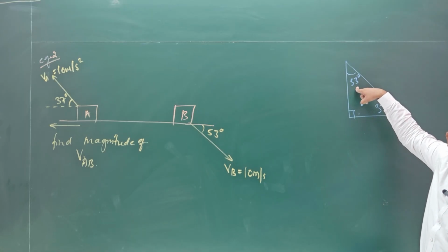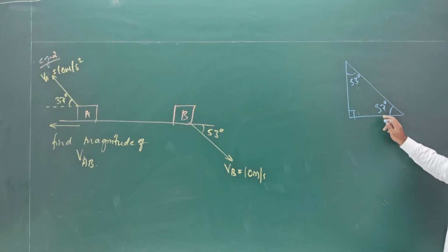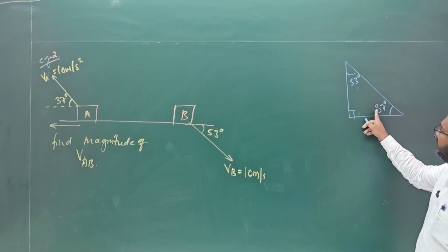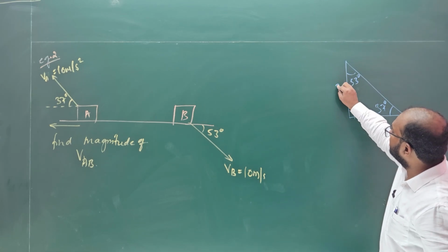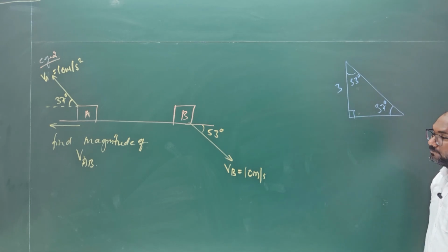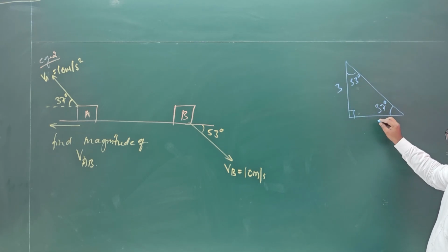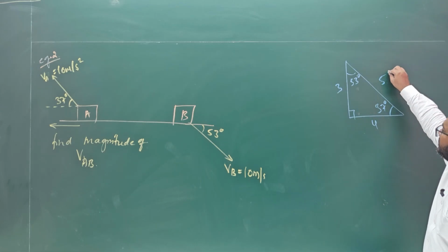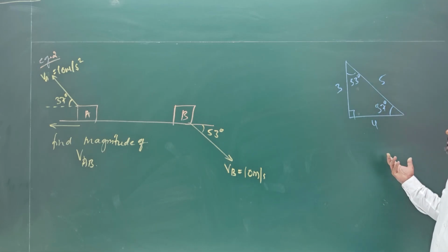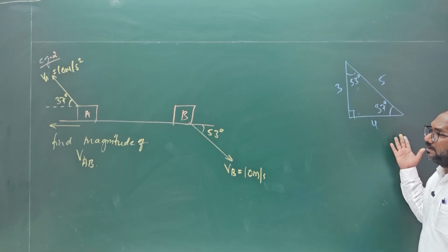Definitely this one becomes what? 53. What is the smallest angle? 37. Exactly opposite to 37, you should be writing 3. Exactly opposite to 53, you should be writing 4. Which is the biggest angle? 90. Opposite to this, 5. Cos 37, sin 37, all you will be getting from this triangle.